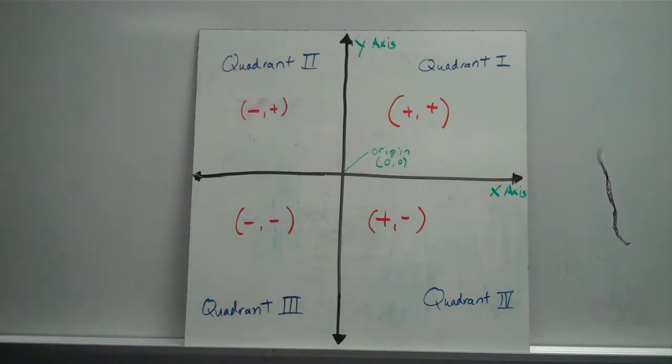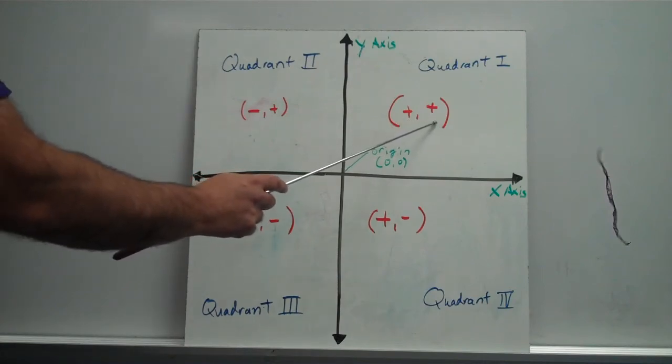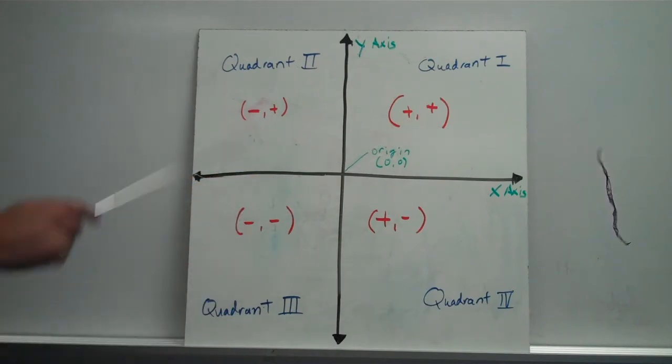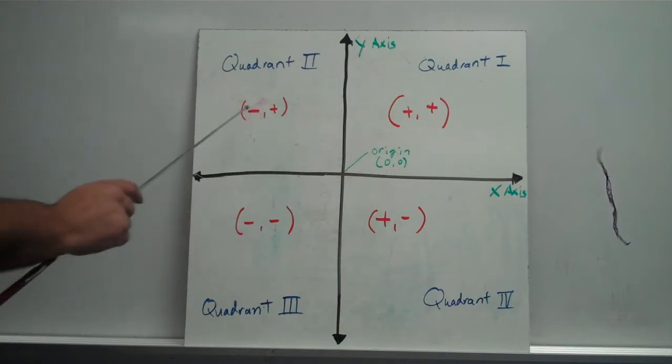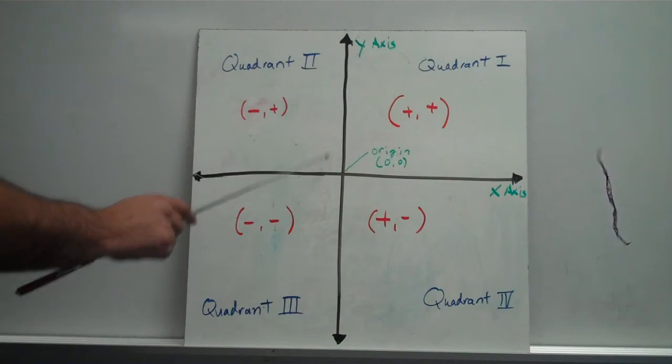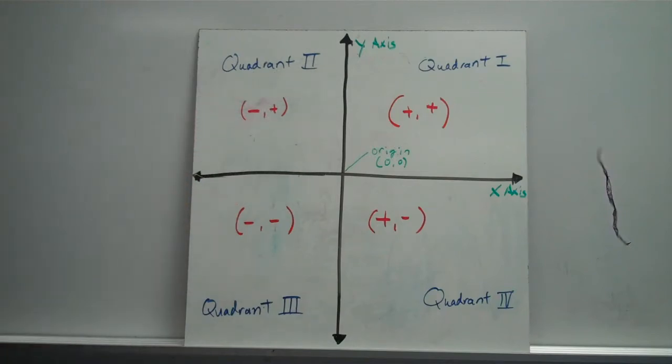Now the coordinates, or the ordered pairs in each of the quadrants, have different values. So in quadrant 1, the x value is positive, and then the y value is positive. In quadrant 2, because we're going this way on the horizontal number line, the x values are negative, but since we're going up on the y-axis, the y values are positive.